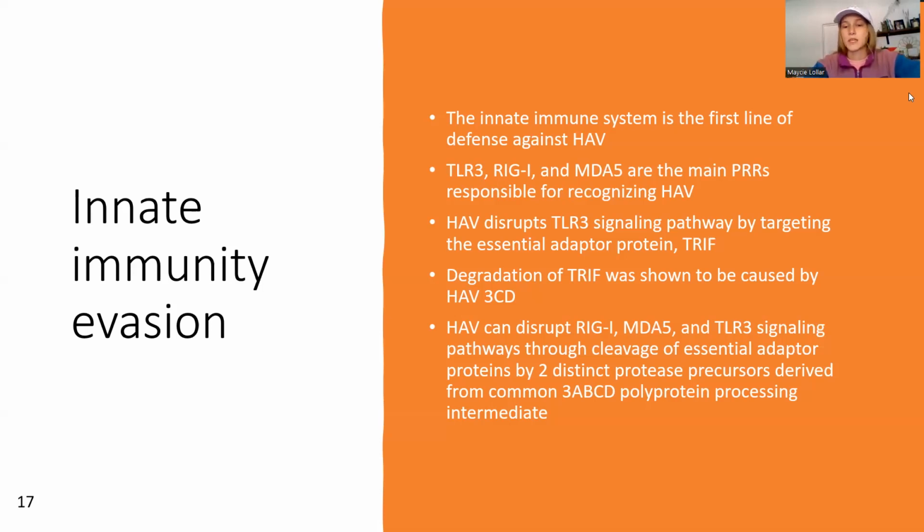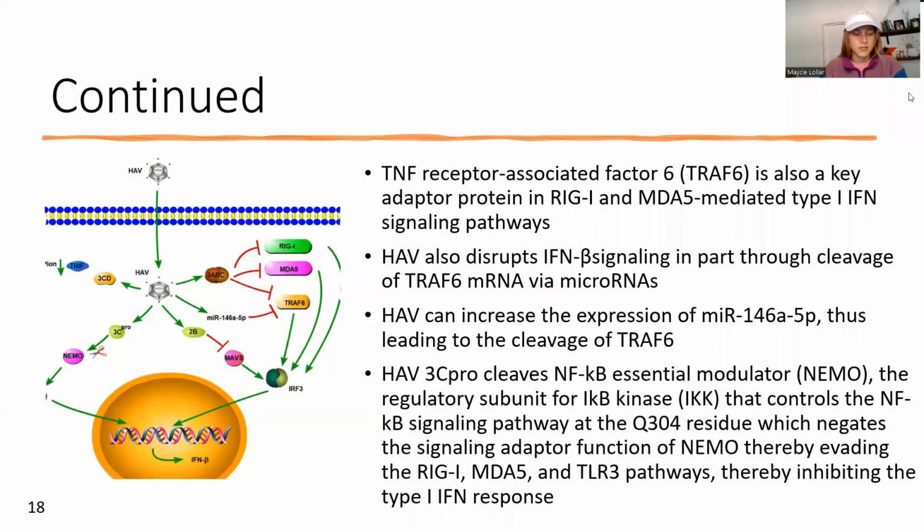And HAV can disrupt the RIG-I, MDA5, and the TLR3 signaling pathways through the cleavage of essential adapter proteins by two distinct protease precursors derived from the common 3ABCD polyprotein processing intermediate. So TNF receptor associated factor 6, or TRAF6, is a key adapter protein in the RIG-I and the MDA5 mediated type 1 interferon signaling pathways.